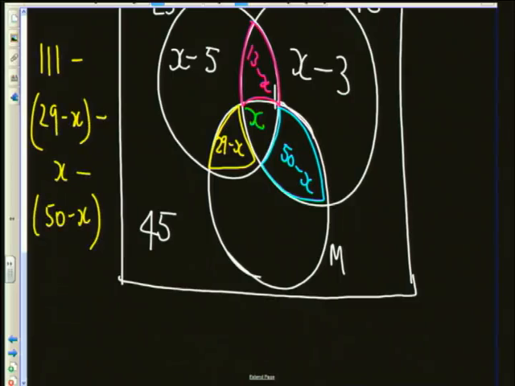So that's going to again be x, and we've got 29 plus 50 would give us 79. So 111 minus 79, that's 32. X plus 32 would be that. So we've been able to tell you exactly how many are just taking life science, maths, and physical science.